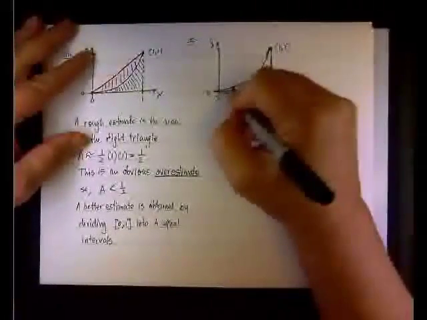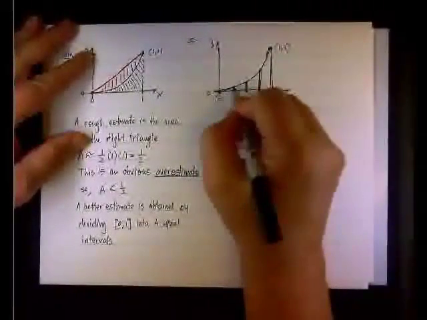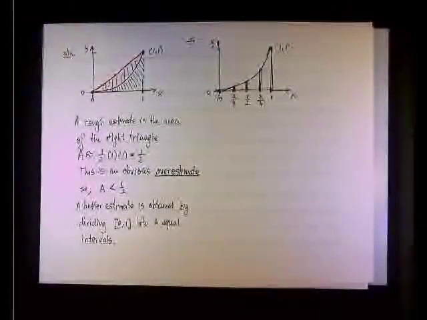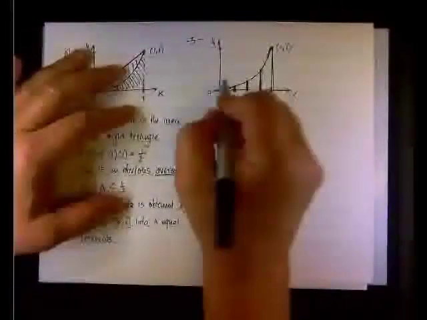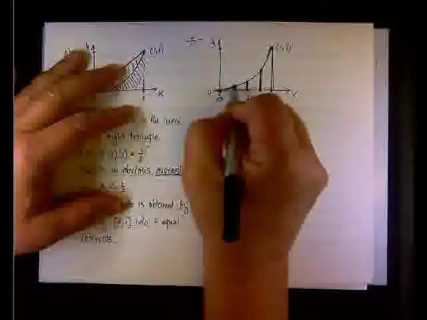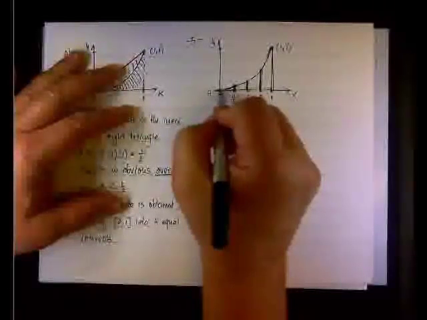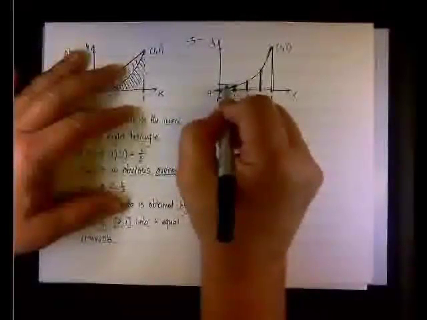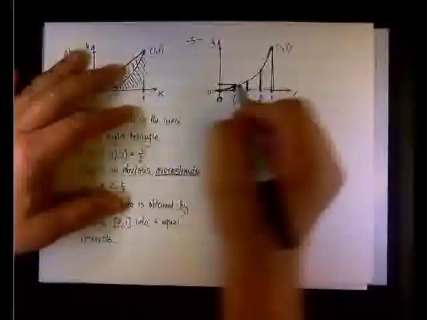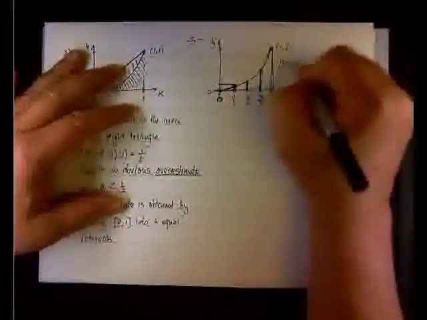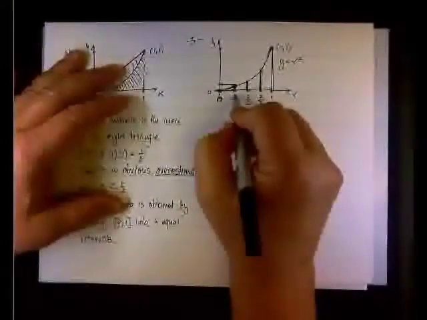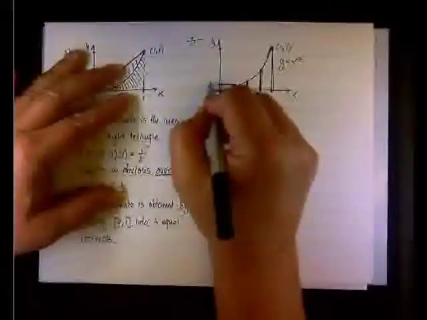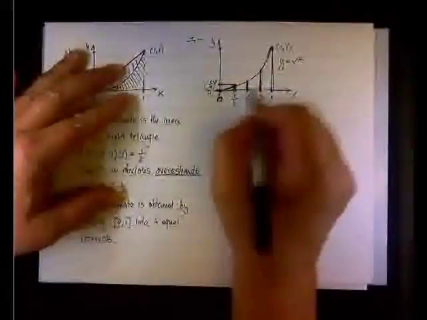Okay. Now I need to estimate each. So the first thing I'll do, I'm going to build up blocks, rectangles, in the following fashion. I'm going to say the y value of the first interval from 0 to 1/4 will be what we have on the right endpoint. Remember, this is the function y equal x squared. So y will be the square of x. So the value here will be 1/4 squared.